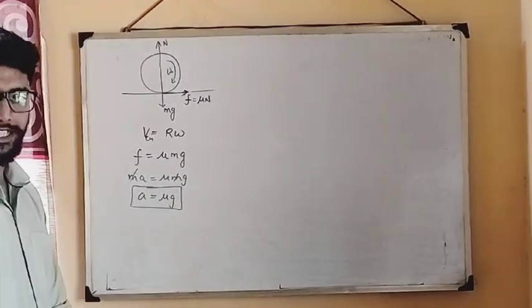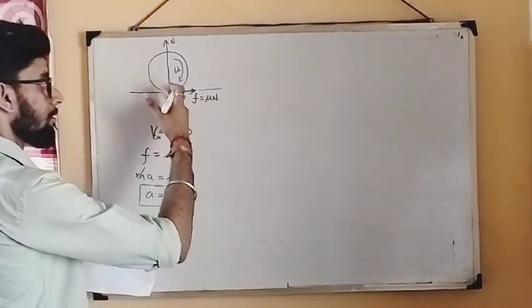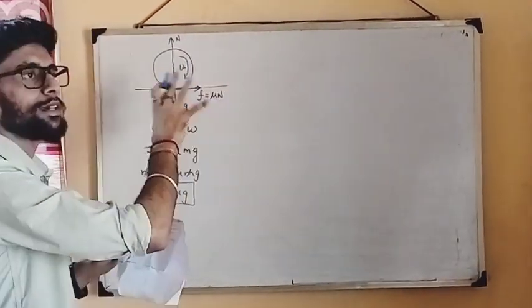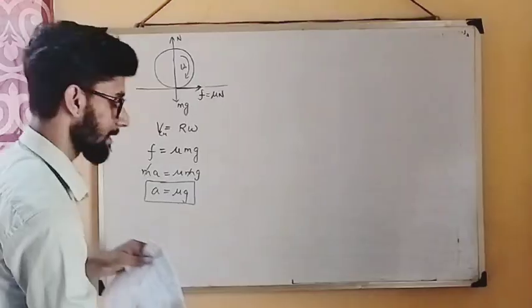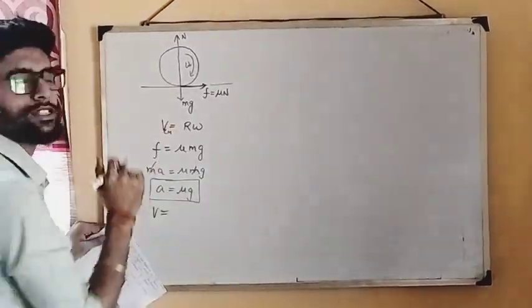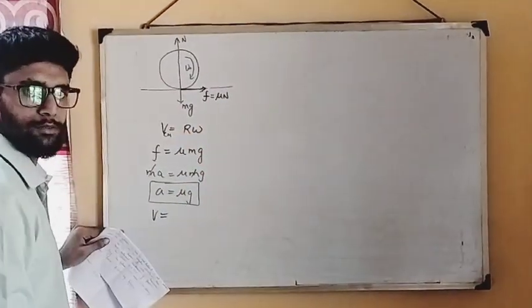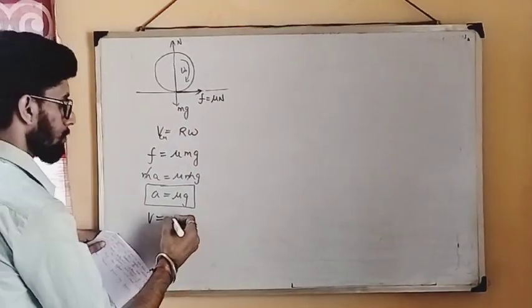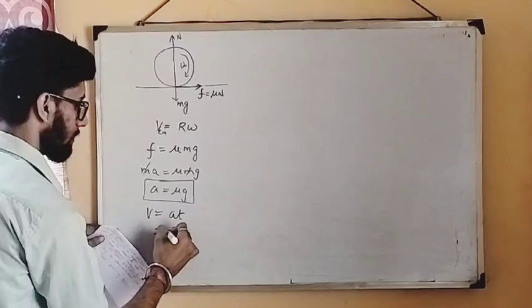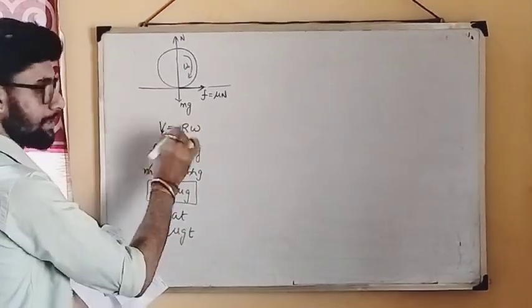So from here we got the acceleration. Now let v be the velocity at time t where it starts rolling, or up to which it is sliding. So we'll get v is equal to u plus at. Since the initial velocity is 0, it was not actually doing linear motion at the initial time, so it will be equal to at, or in other words mu g t. So we got the v part from here.